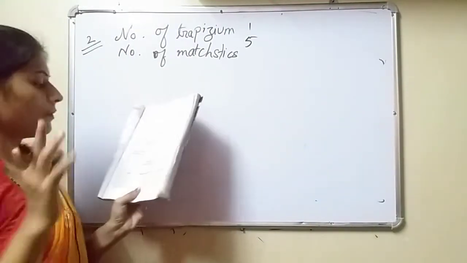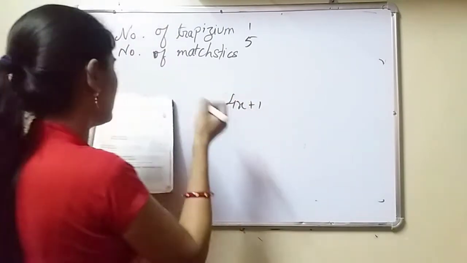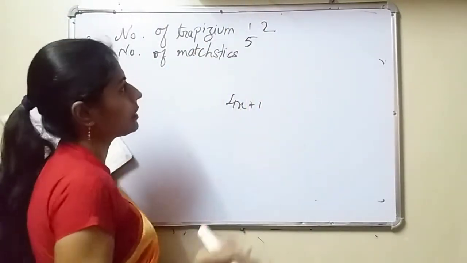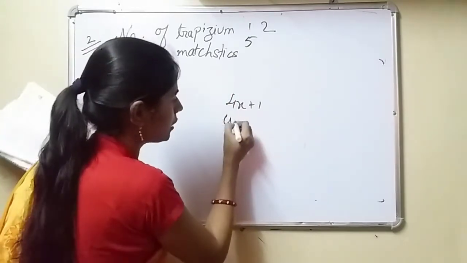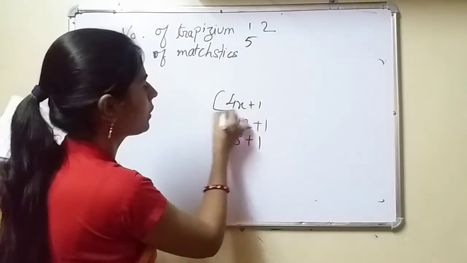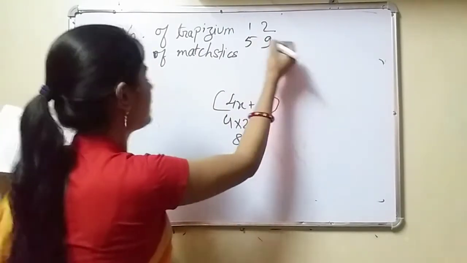See, for this also we have one formula, that is 4x plus 1. Now they are asking of 2. In 2 trapeziums, how many matchsticks we have? That is 4 into 2 plus 1, 4 2s are 8 plus 1. See, for trapezium you have to note down this formula, that is 9.